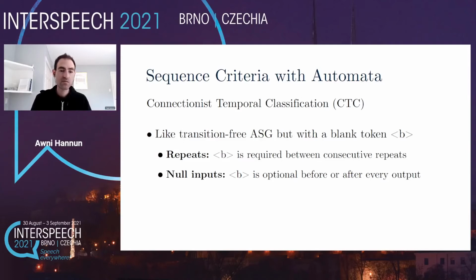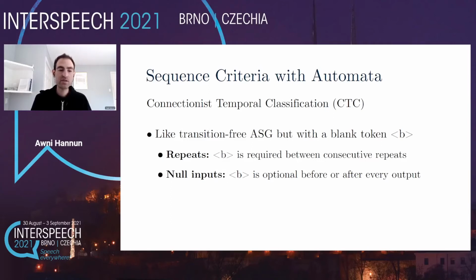The semantics of the blank token are that it is required between consecutive repeats. So if I had a sequence like AAB, there would have to be a blank token between the two As. Otherwise, it's optional.